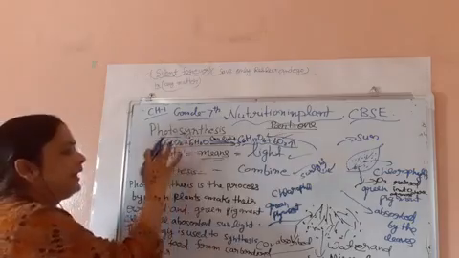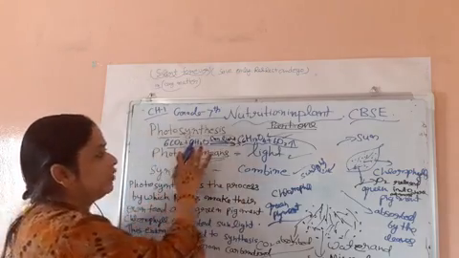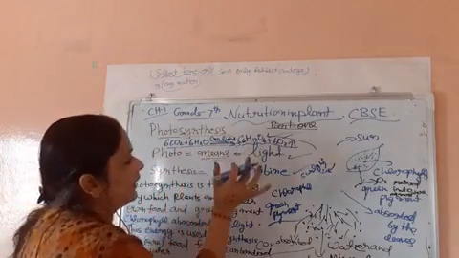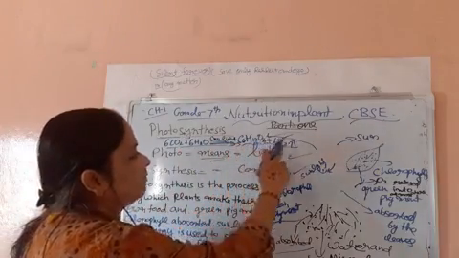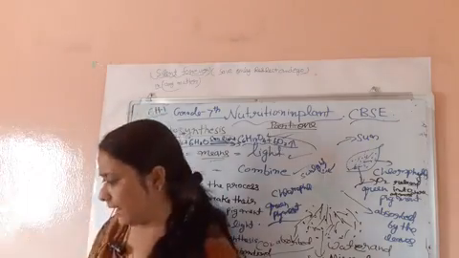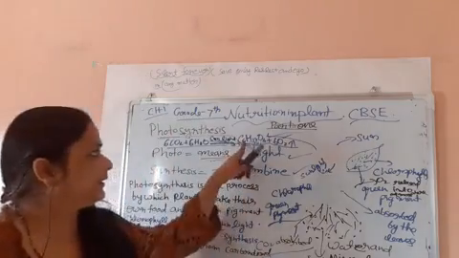Carbon dioxide has 6 molecules and water has 6 molecules. In the presence of sunlight they combine together and form C6H12O6 plus oxygen released. This is the process of photosynthesis.